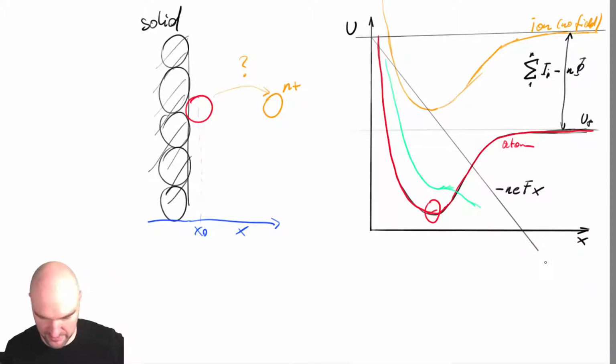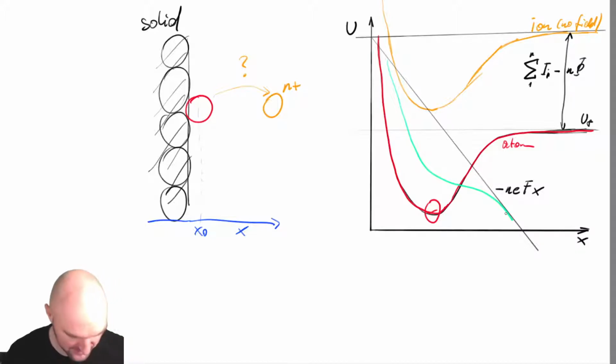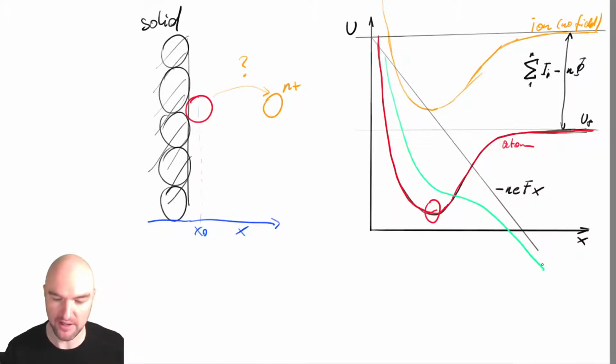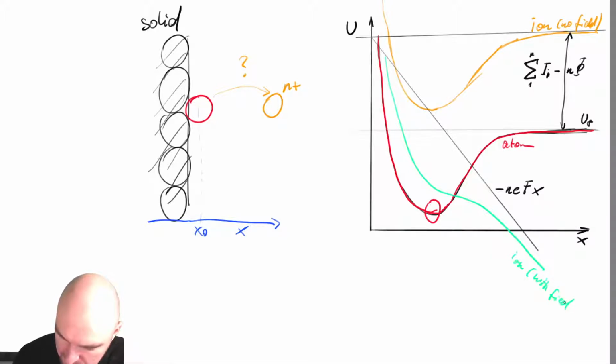My drawing talent isn't really all that great, so give me a redo. Anyway, at a very high field, we would have bent that potential of the ion with field.